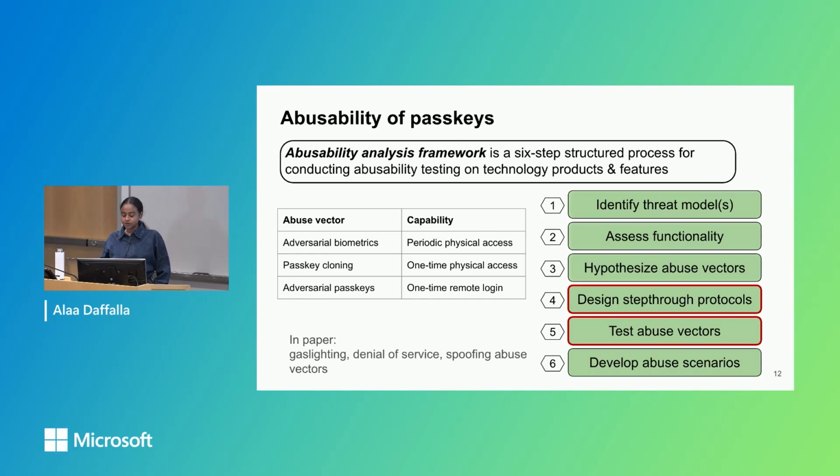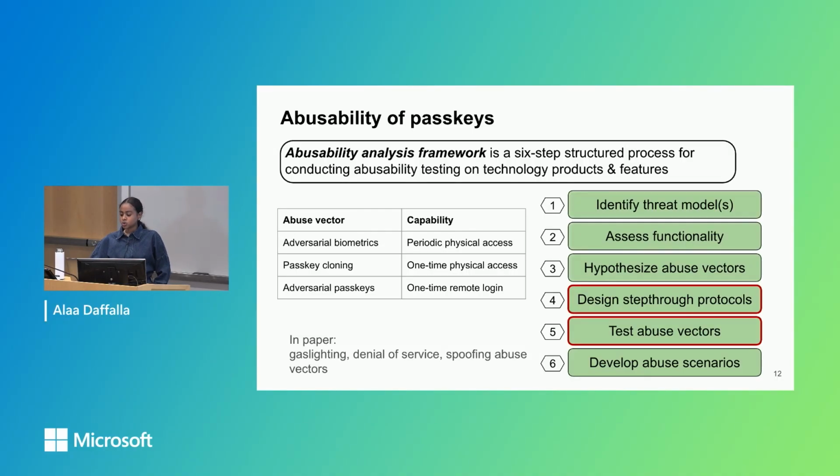A given step-through protocol does not only cover or test the viability of carrying out the attack or realizing the abuse vector, but also whether the victim can actually detect the abuse and, when relevant, recover back to a safe state.